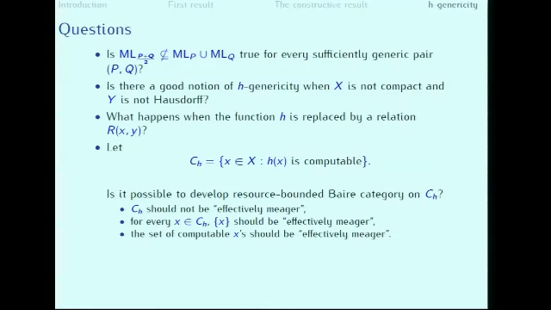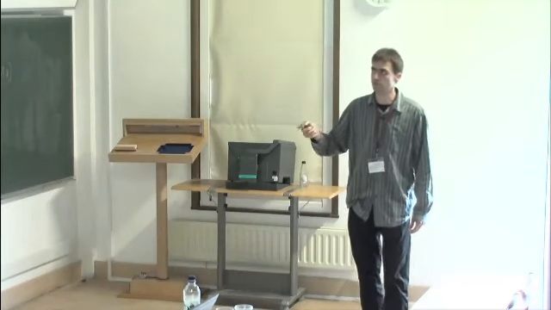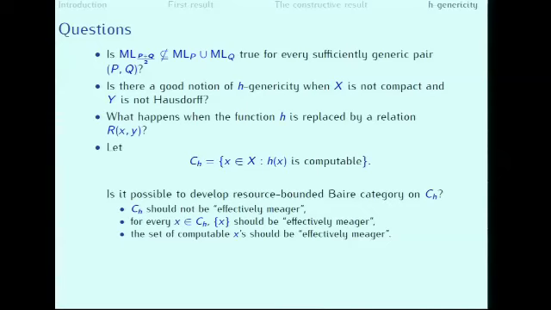When Y is Hausdorff, the upper set is just a singleton, so it does not make sense to define this. Another question is what happens when, instead of considering a function, we consider a relation. We would like to find a computable Y which is related to no computable X.